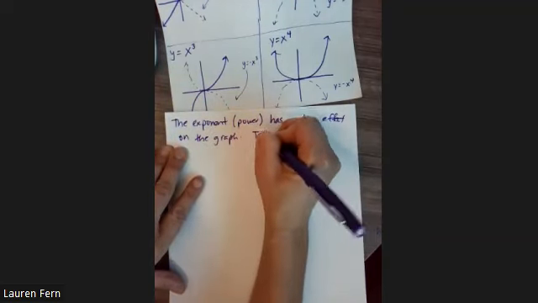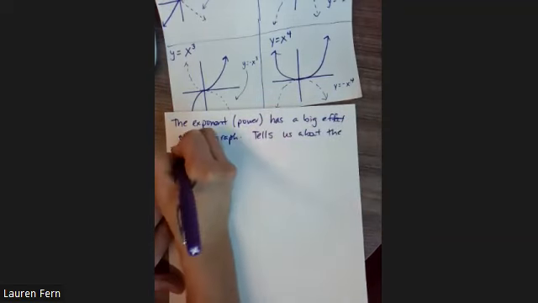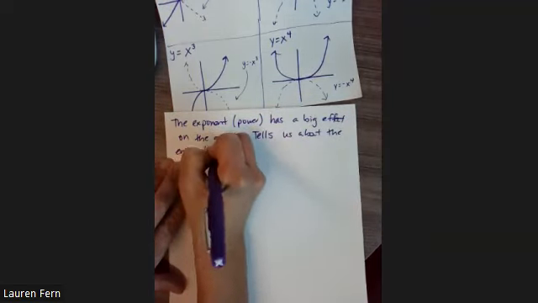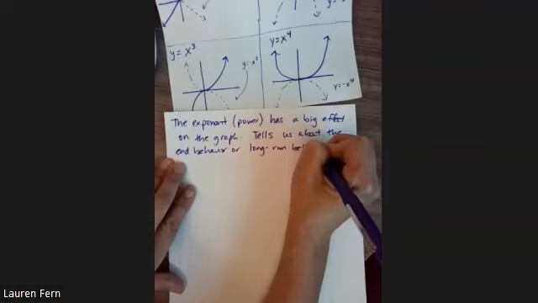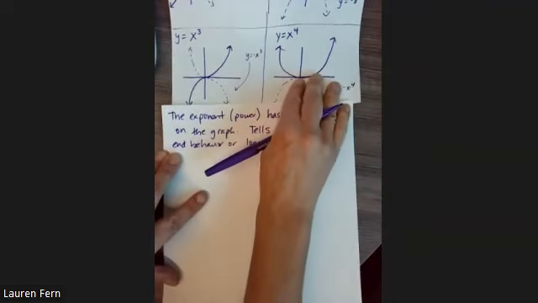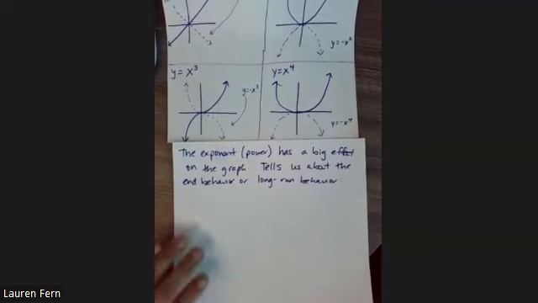Essentially, what it does is it tells us about the end behavior, or what we call the long run behavior. Okay, what do I mean by end behavior or long run behavior?